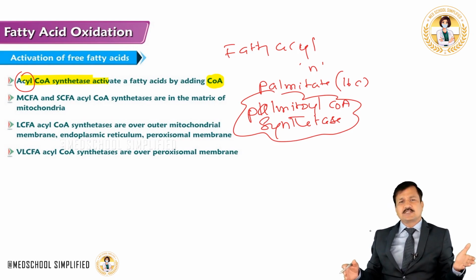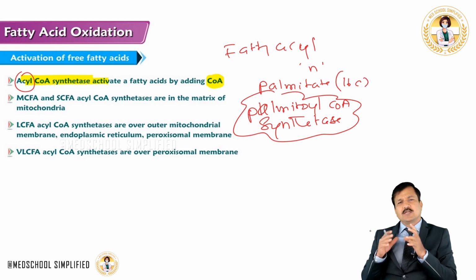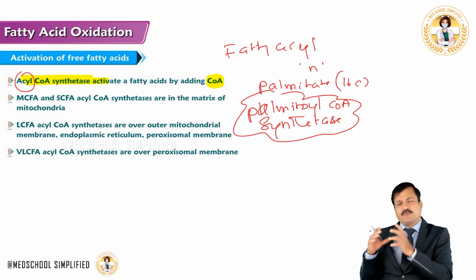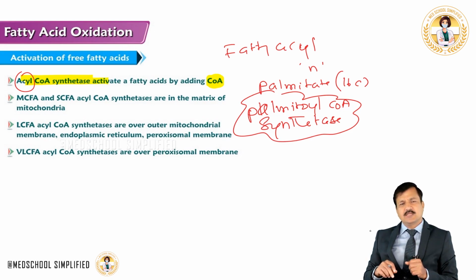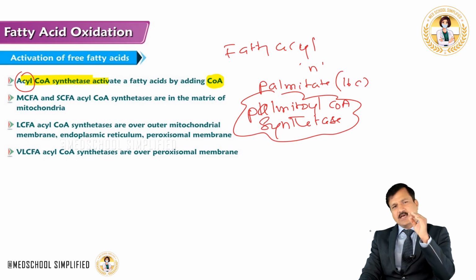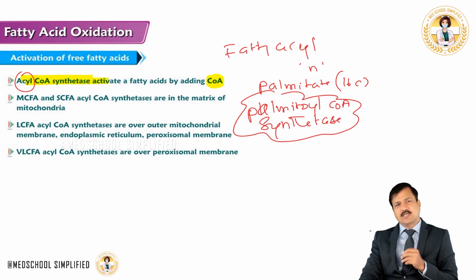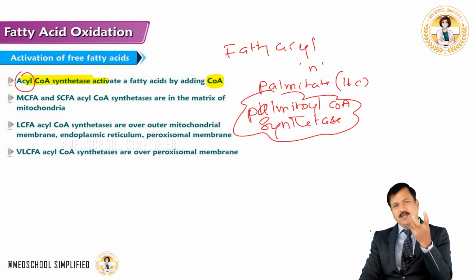So, if my fatty acid is stearic acid, the enzyme name is stearyl-CoA synthetase, right? So, depending on the type of fatty acid, that specific fatty acyl-CoA synthetase will be present. What I am trying to explain here is that every fatty acid has its own acyl-CoA synthetase. So, for medium chain fatty acids, we have medium chain acyl-CoA synthetase.